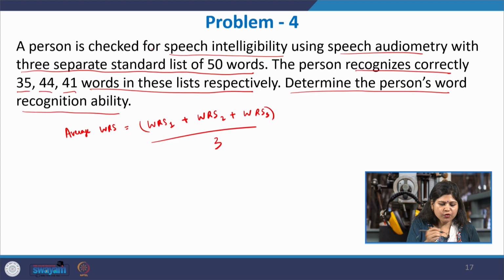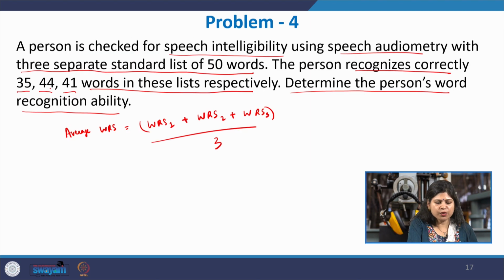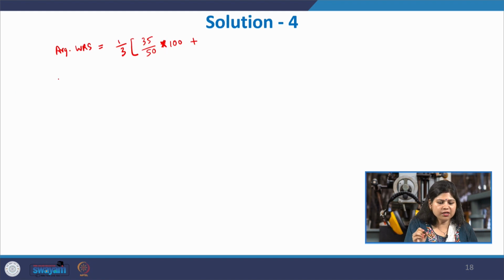The WRS for the first test would be 35 by 50 into 100, which gives the percentage of correct words. For the second test, the WRS comes out to be 44 out of 50, then 41 out of 50 for the third test.